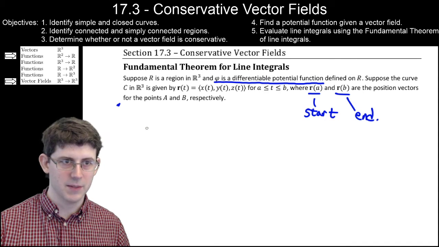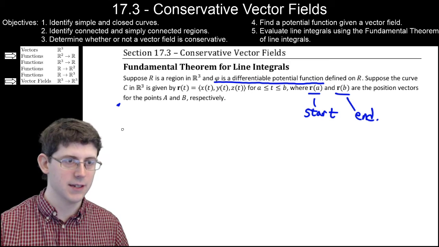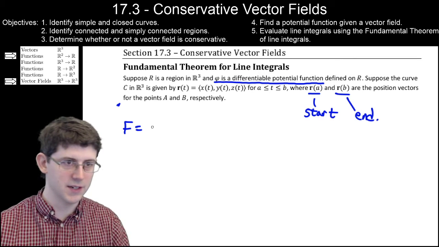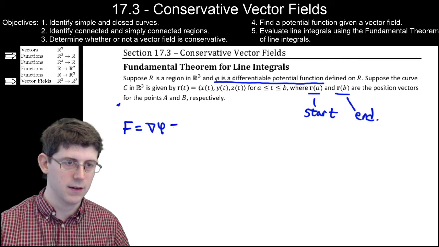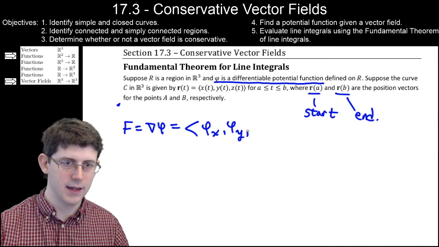Okay, what's the plan here? Where's F? Oh, this is the potential function. So F is the gradient of the potential function, so it's (phi x, phi y, phi z).